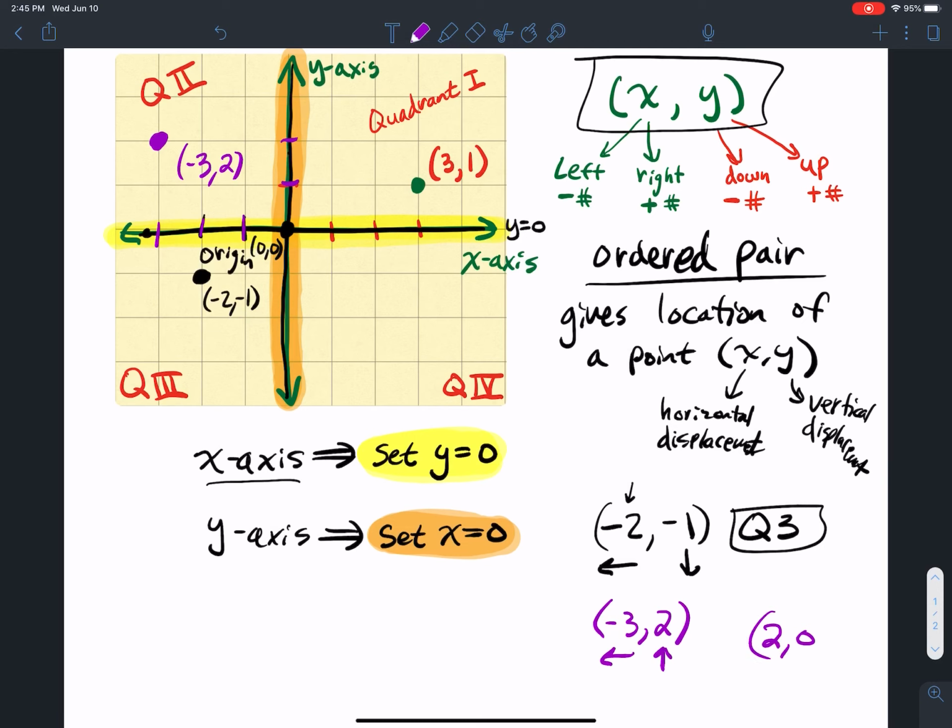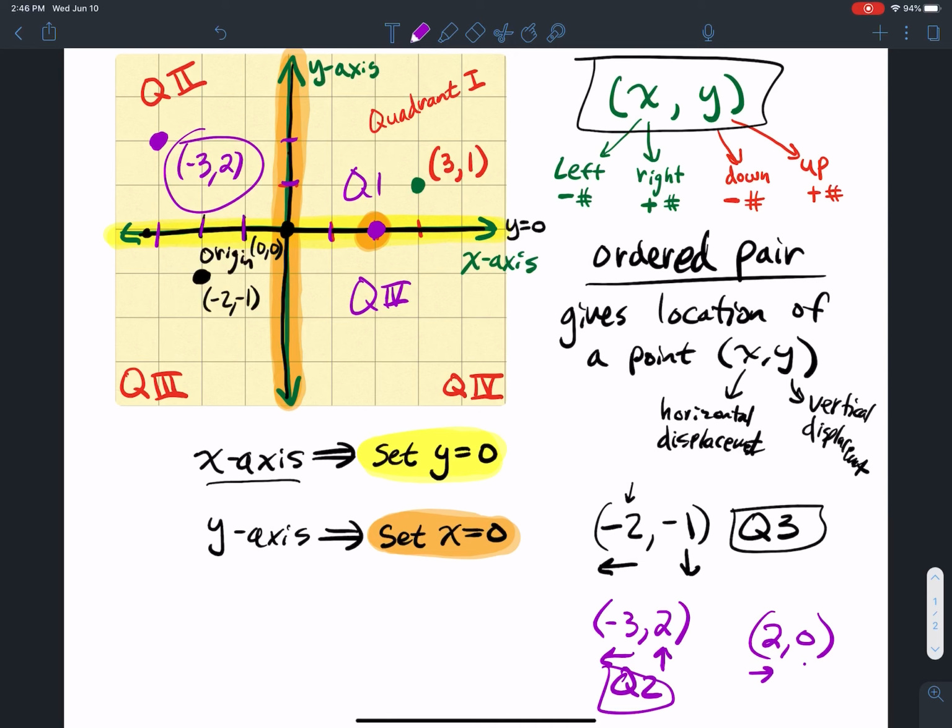Okay, let's try 2, comma 0. Let's plot that. This says I go to the right 2, so 1, 2, and then up nowhere, so I just put my dot right there. Now, the last one that we just did was in Q2. But what about this point right here? Where are we located now? It doesn't look like we're in Q1 or Q4, right?